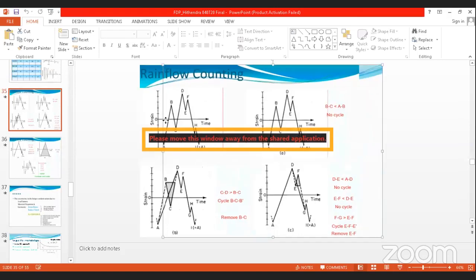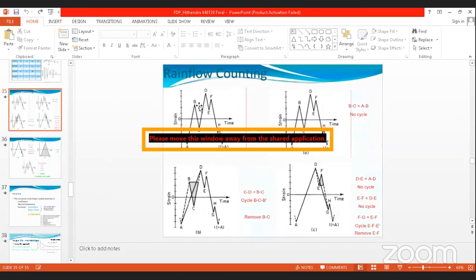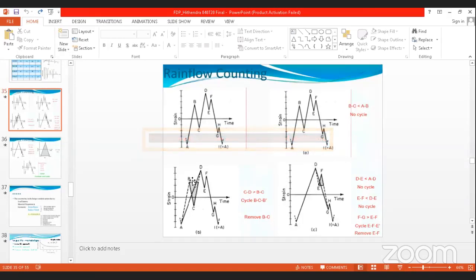You can see this is the actual stress cycle. Here BC is less than AB, so there will not be any cycle here. But in this case, BC is less than CD, so we can make it a cycle.